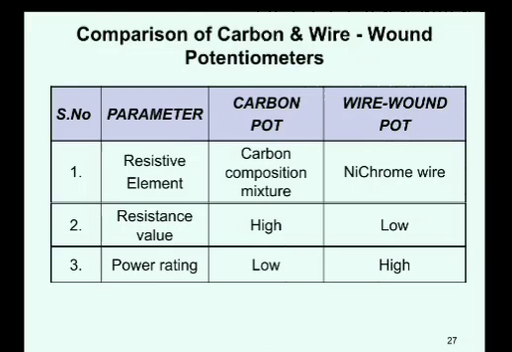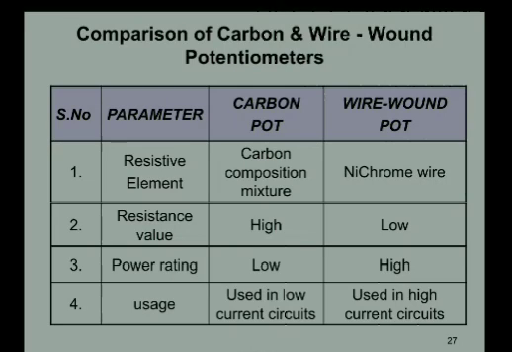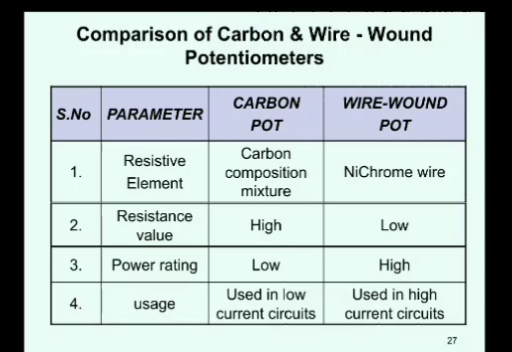As we have seen, it is very high for the wire wound resistors. Then the usage. The carbon pots are generally used in low current circuits, whereas the wire wound potentiometers are used in high current applications.